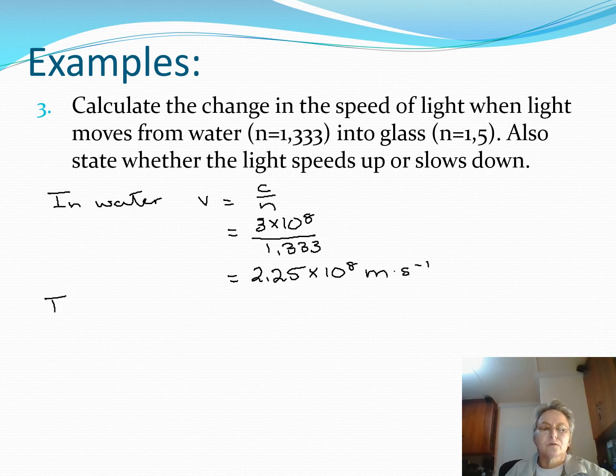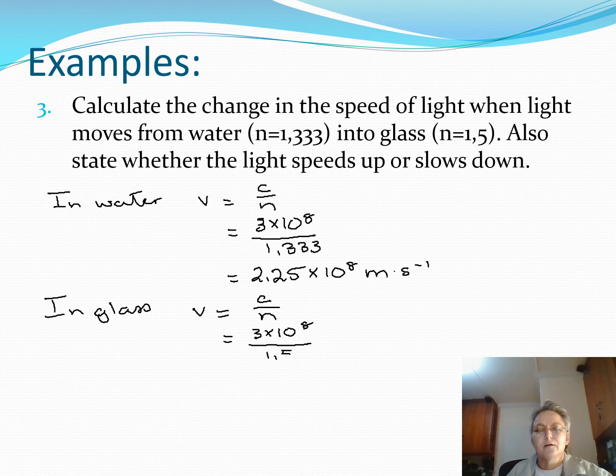In glass, what is the speed of light in glass? So the speed of light is c over n, so it's 3 times 10 to the power 8 divided by 1.5, and I get 2 times 10 to the power 8 meters per second.